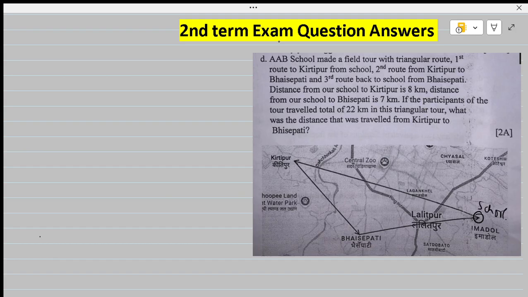From school it made the first route to Kirtipur, and the second route from Kirtipur to Vaisipati. Then as a third route it came back to the school from Vaisipati.